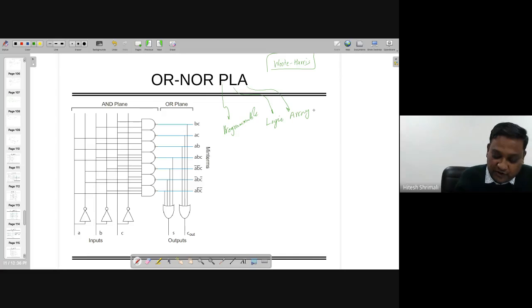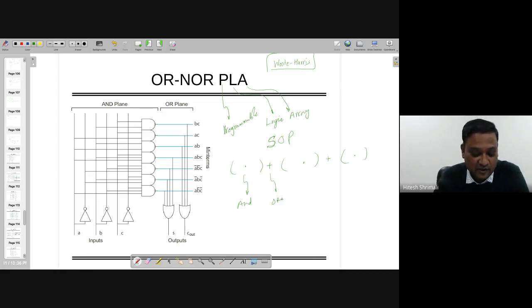So if you look at all the functions, they have sum of product, right? So if you have sum of product, like this one, AND gate and OR gate, these two are very important in our case. By the way, the title is wrong. It has to be AND-OR.